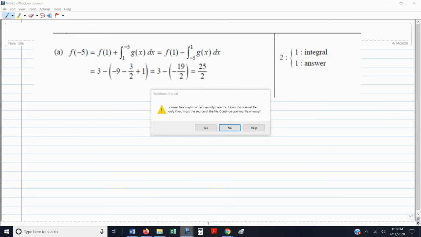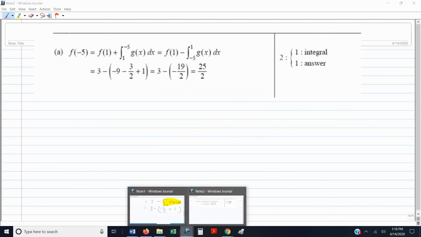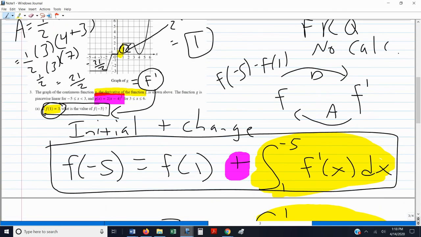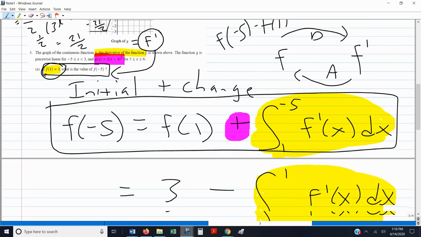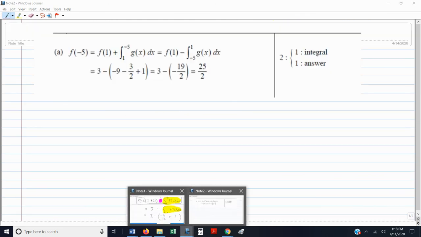So let's just look at the rubric for a second. If you were able to set up the integral and kind of know that you are doing the area under the curve, that was a point, and then you got another point for the answer.